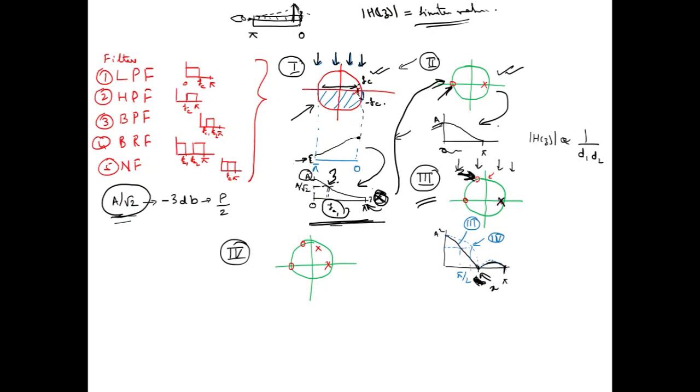Okay. Now the problem is that when I have added a 0, the system becomes non-realizable because the number of poles has become lesser than the number of zeros.